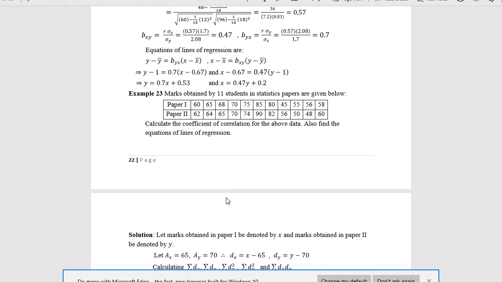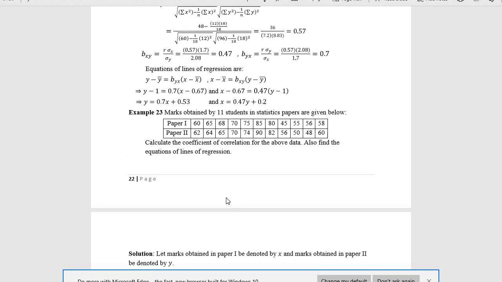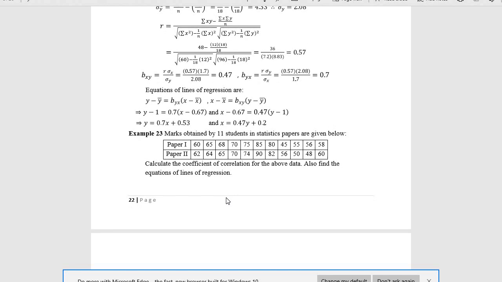If bxy, the slope of x on y, and byx, the slope of y on x, are both positive, R is also positive. The coefficient of correlation and the coefficients of regression have the same signs. That concept you have to remember. That is the basic concept of regression coefficients and correlation coefficient.